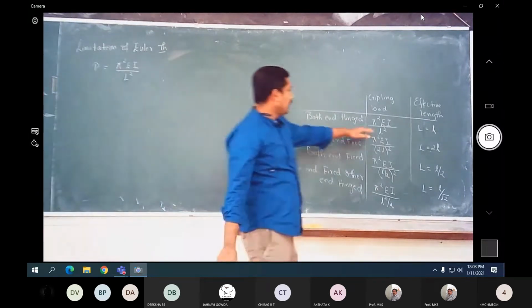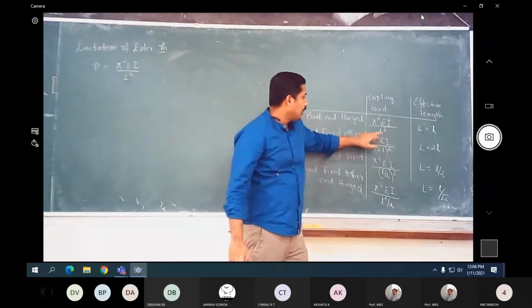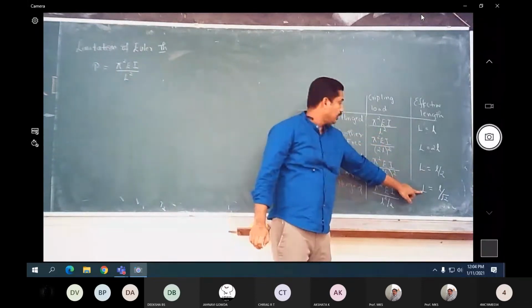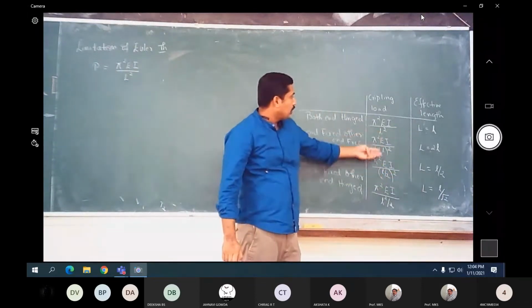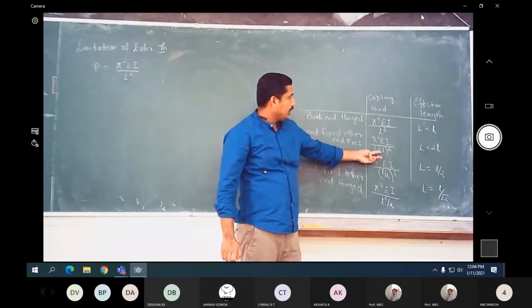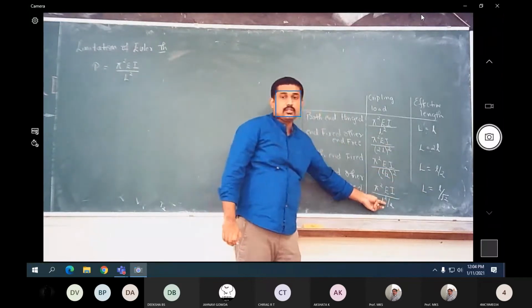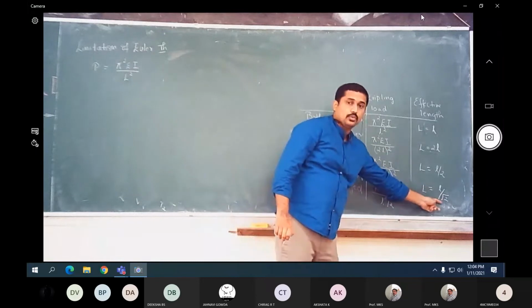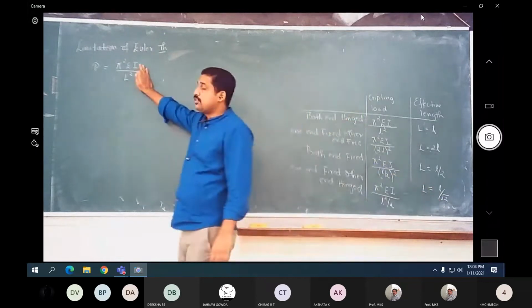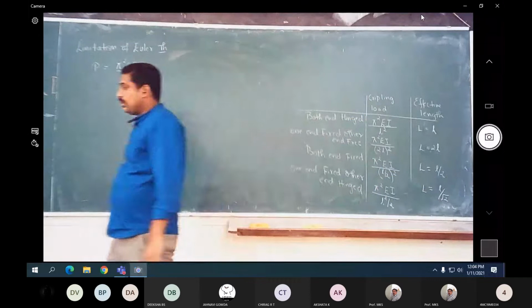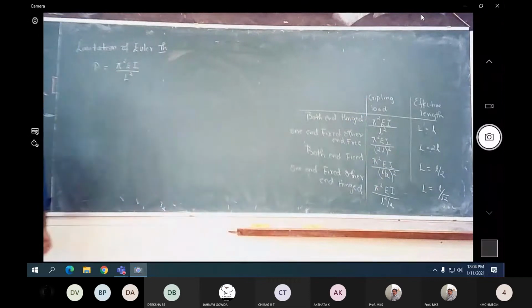If you consider any of the cases, the general equation will be in the form of effective length Le square, where effective length Le will be equal to 2L, or L by 2, or L by root 2. So the general equation will be pi square EI by Le square.